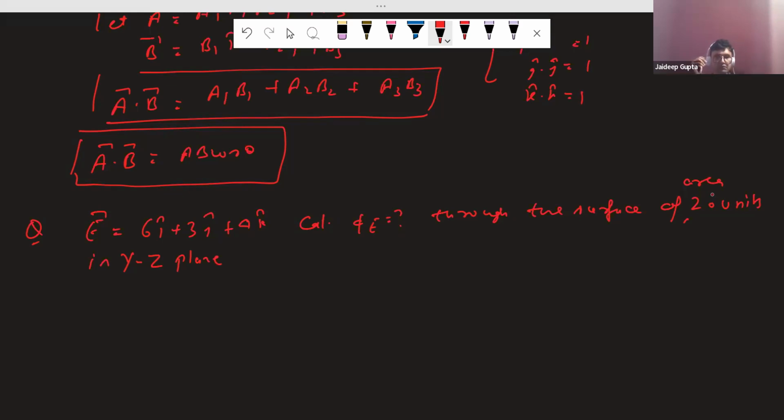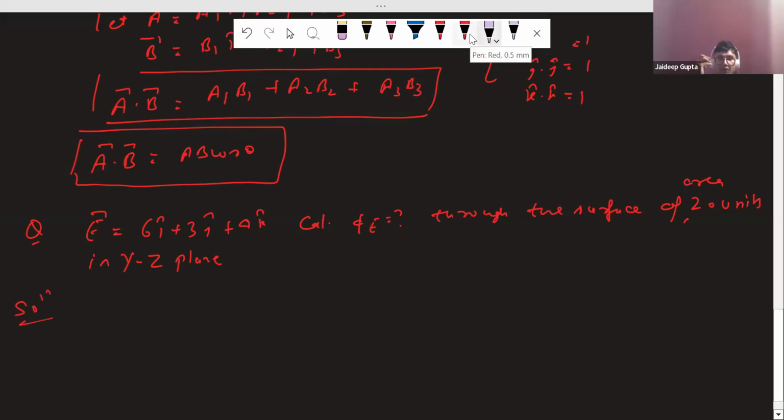Direction of area vector? X-axis. That is I cap. All right. If it is the YZ plane, then the area vector will be along I cap. If it were the XZ plane, then the area vector will be along Y. Now try this question.